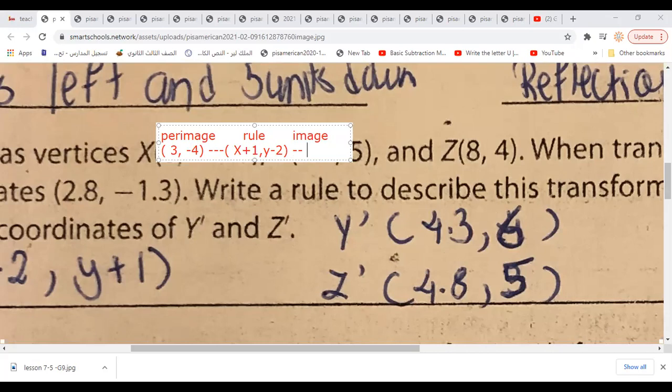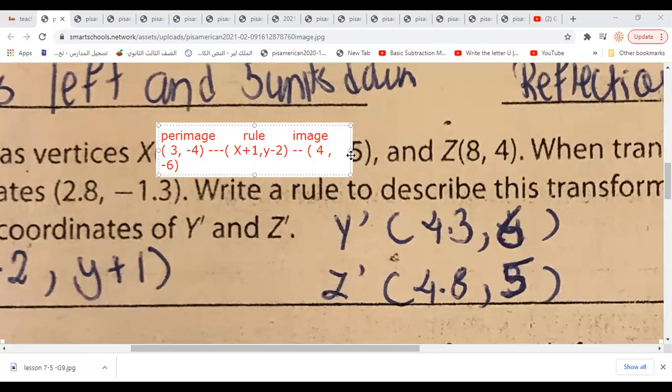How are we going to find it? We will add. So x will be 3 plus 1, equal to 4. And y will be -4 minus 2, equal to -6.